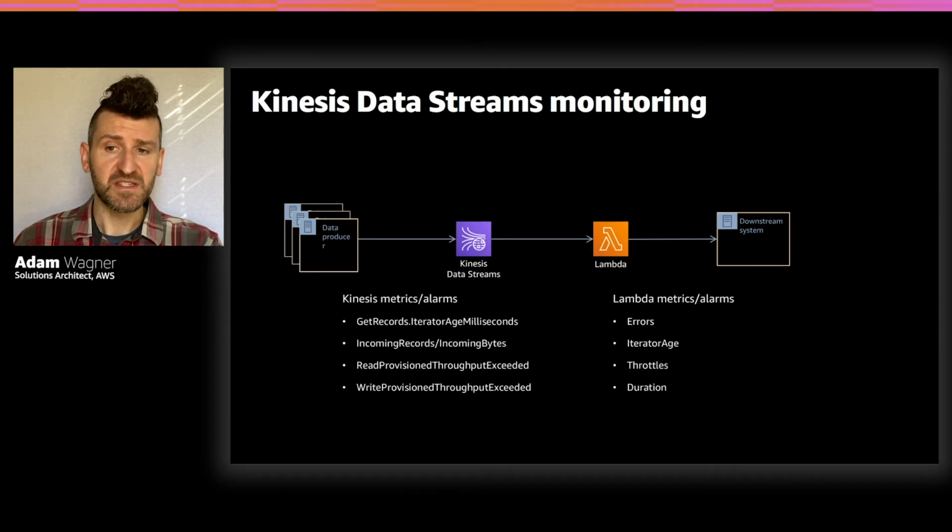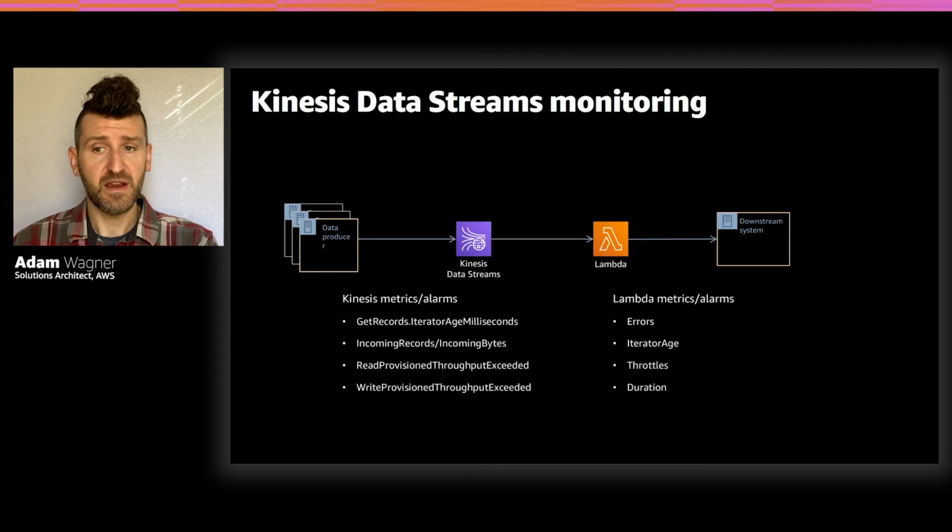On the Lambda side, you have errors. Is your Lambda function throwing any errors? Throttles, right? These are metrics that you're probably familiar with if you have other Lambda functions. One that you may not be familiar with is iterator age. That iterator age is basically how far behind the most recent record is your Lambda function reading.